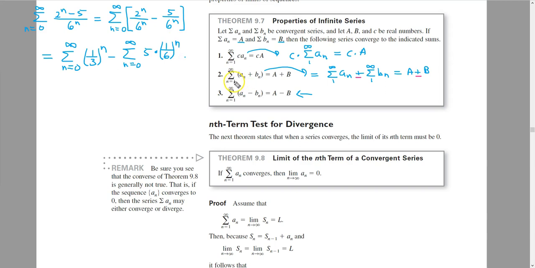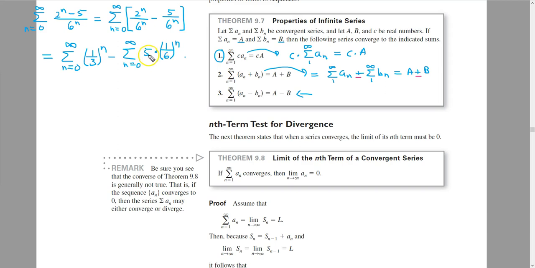So, all right. Now, this part right here looks just like a geometric series with r equaling 1/3. And this part right here looks like a geometric series, but we have this 5 here. Well, what we can do is move this 5 outside the summation by invoking number 1 right here. You notice how we move the c outside, where c is a constant.